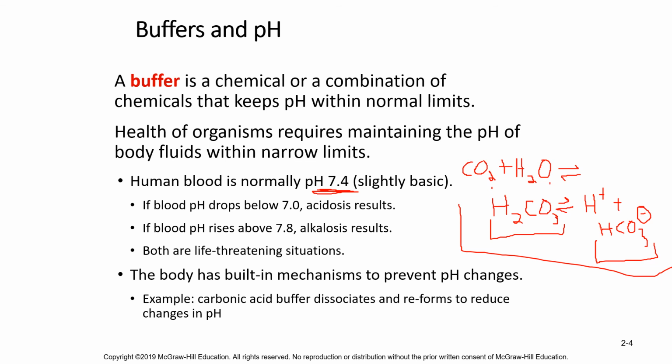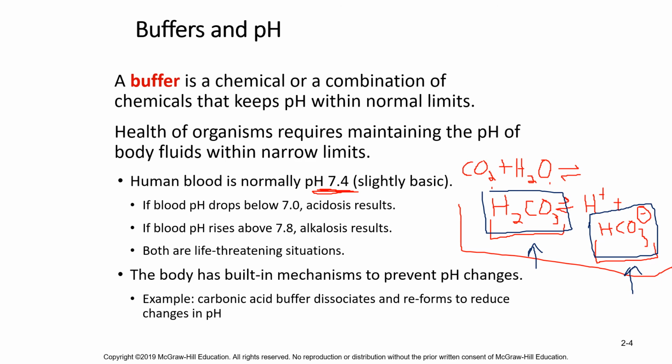Buffers are typically a weak acid and a weak base, which is known as a conjugate pair. If your blood gets too basic, the acid will neutralize it. If your blood gets too acidic, the base will neutralize it.